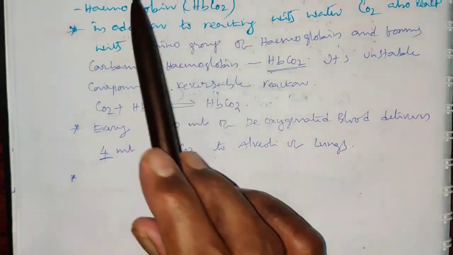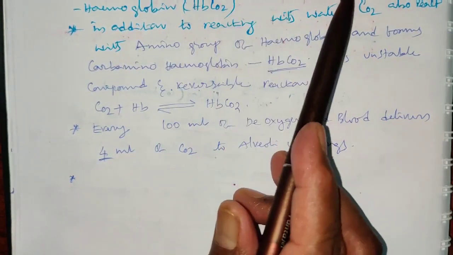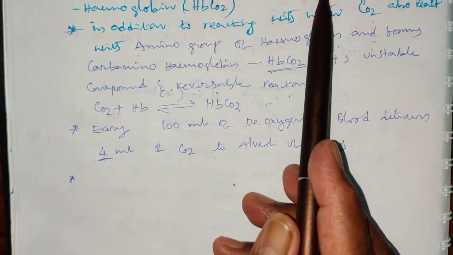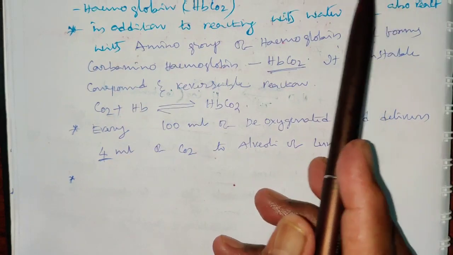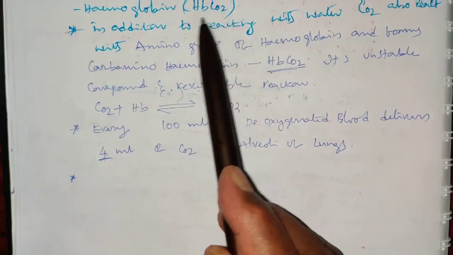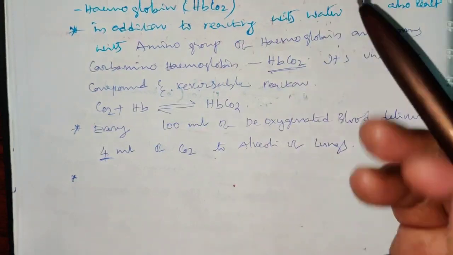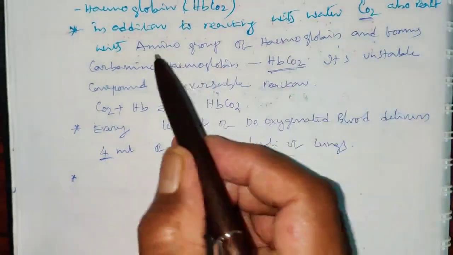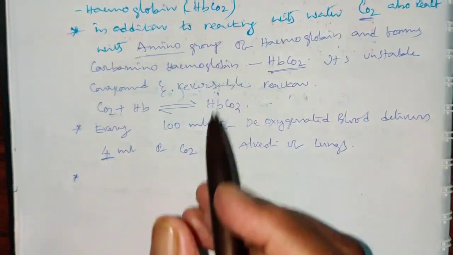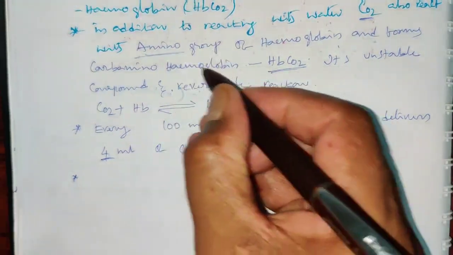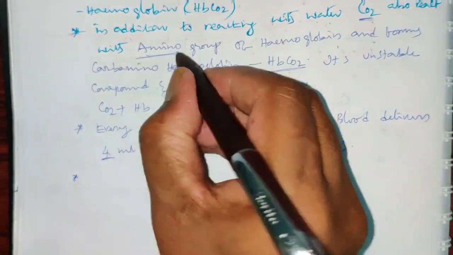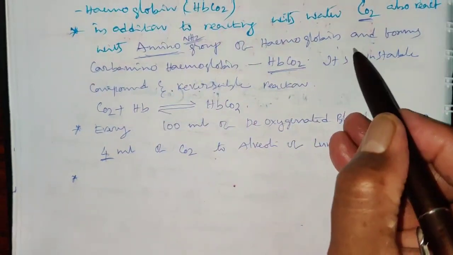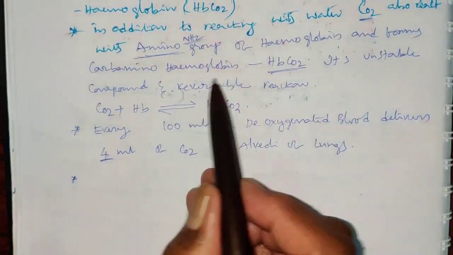So, transport of carbon dioxide as carbaminohemoglobin. About 23% of carbon dioxide is carried by hemoglobin and forms carbaminohemoglobin. In addition to reacting with water, carbon dioxide also reacts with the amino group of hemoglobin and forms carbaminohemoglobin.